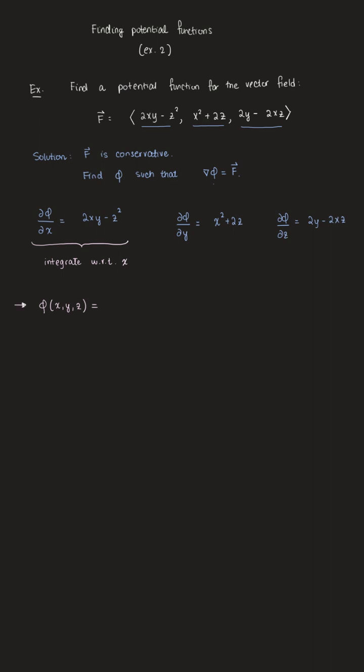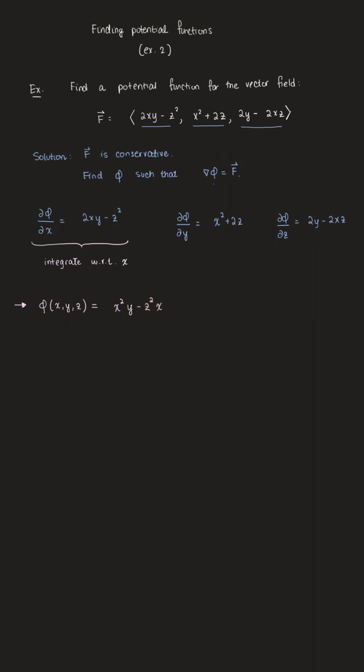candidate. Taking the antiderivative of 2xy minus z squared with respect to x means that we'll have an x squared y minus z squared x, right?